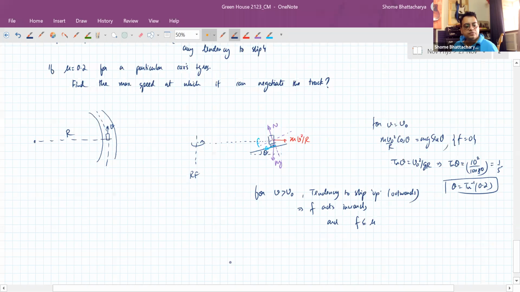So you incorporate the same equations. Okay. So resolve centrifugal force into components, resolve mg into components.